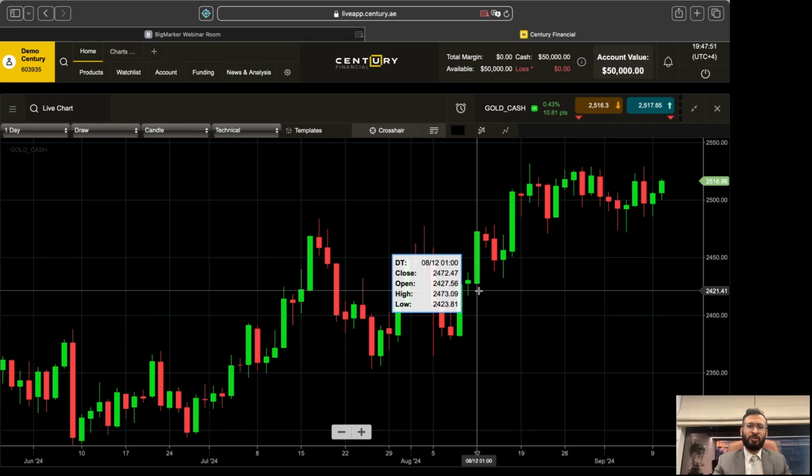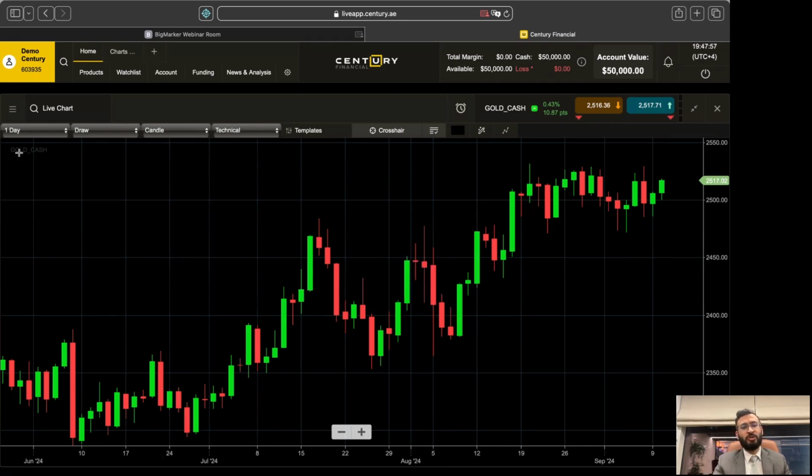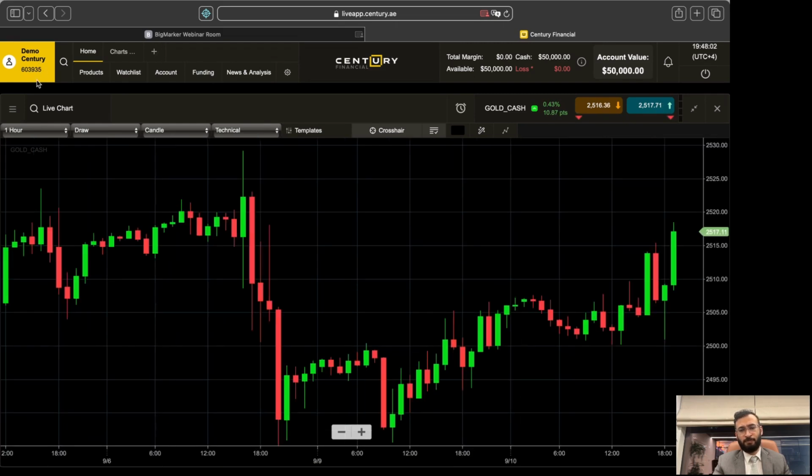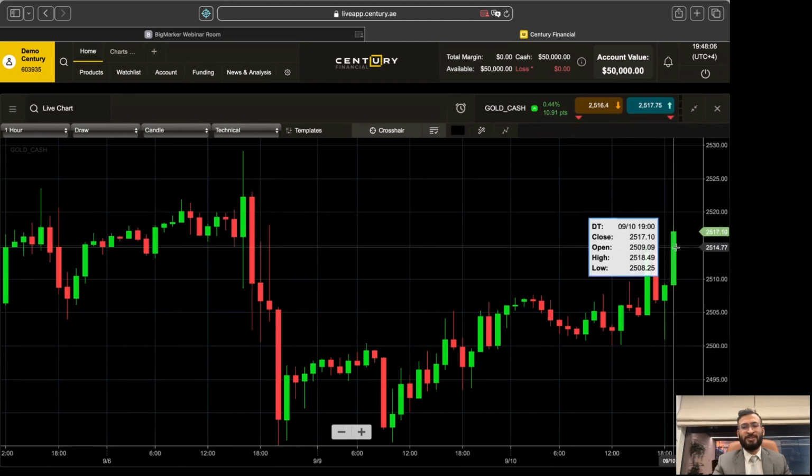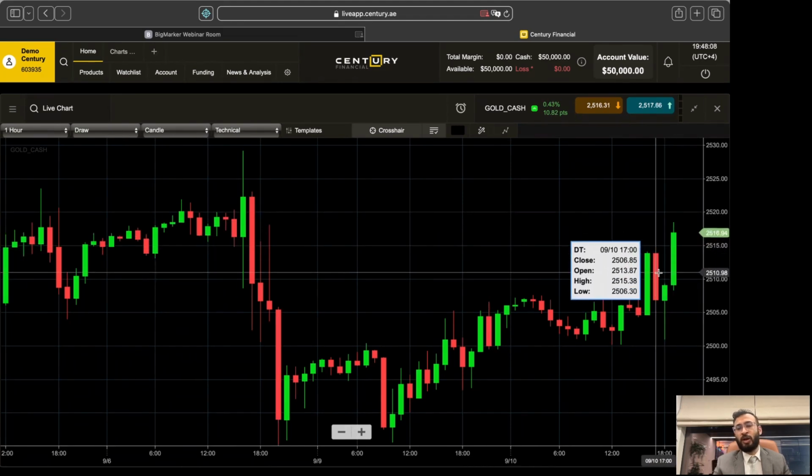A lot of traders who want to trade short term or do quick in and outs reduce the duration of the chart from 1 day to sometimes 1 hour. In that case, every candle represents, instead of a day, 1 hour, right? Now it shows you the highest of that 1 hour, the lowest of that 1 hour, and the opening and the closing of that 1 hour.